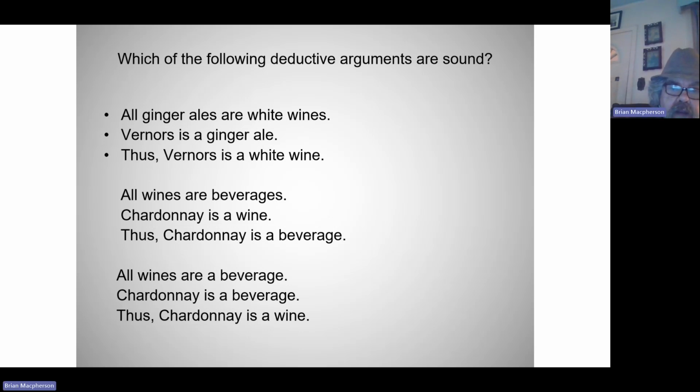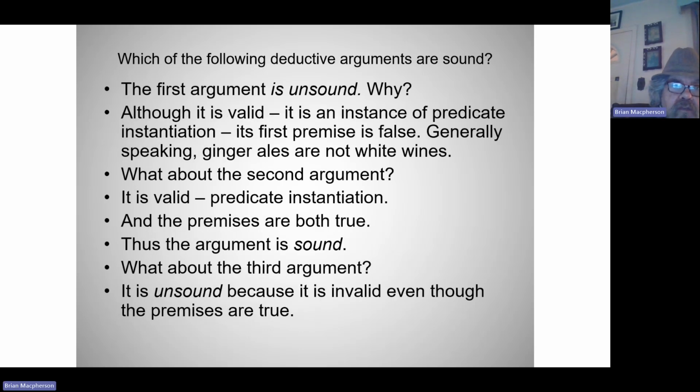On the next slide is what we just talked about. The first argument is unsound. Why? Although it is valid, it is an instance of predicate instantiation, its first premise is false. Generally speaking, ginger ales are not wines. What about the second argument?